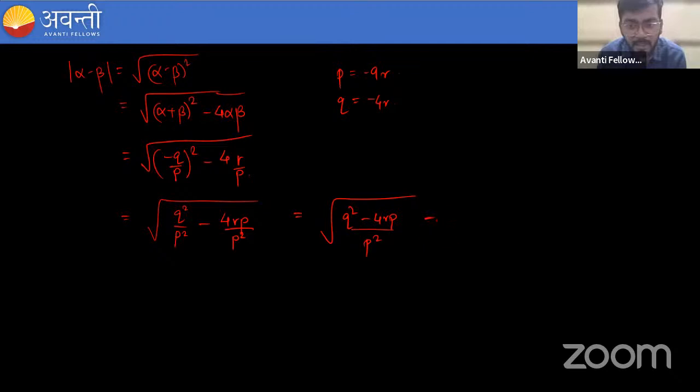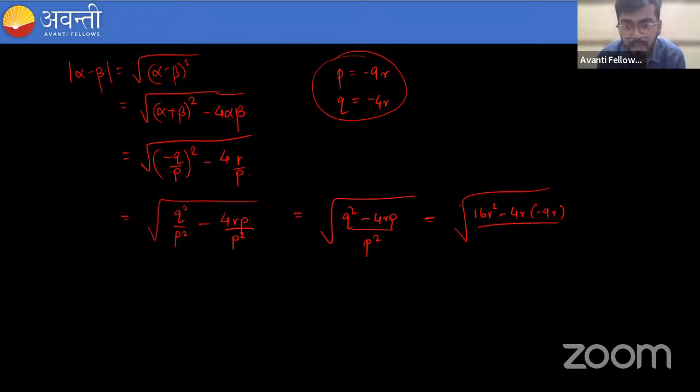So I'll substitute these values in the given expression, like in the given root. So I'll get q square. Q square is minus 4r squared, it will be 16r square minus 4r into minus 9r. P value is minus 9r and upon p square.